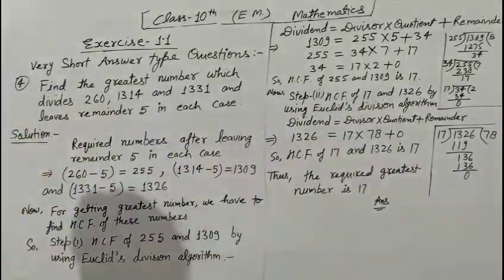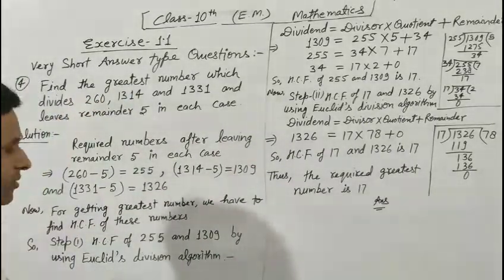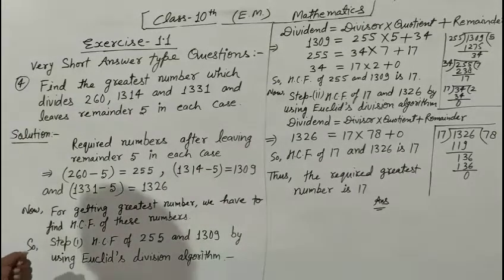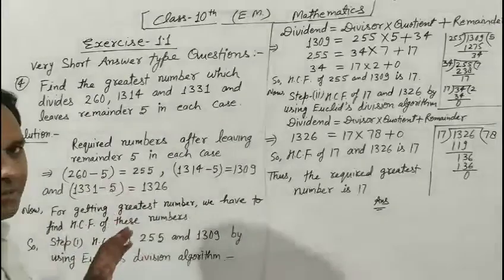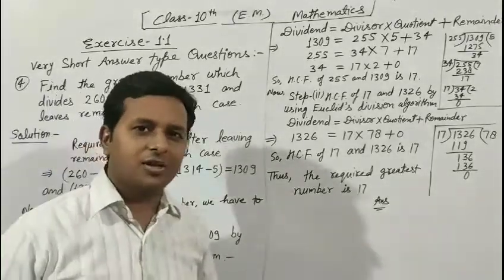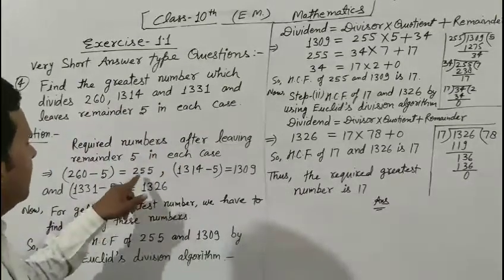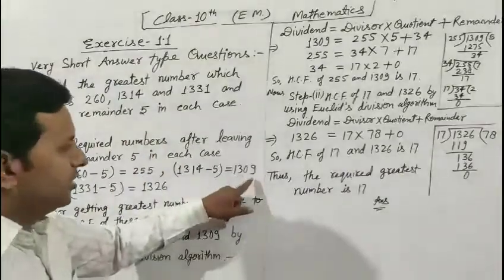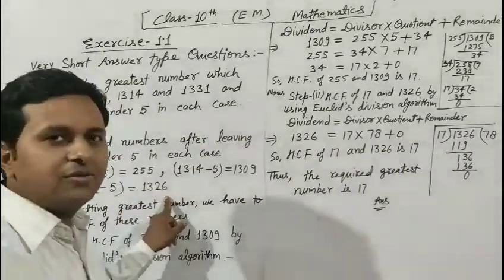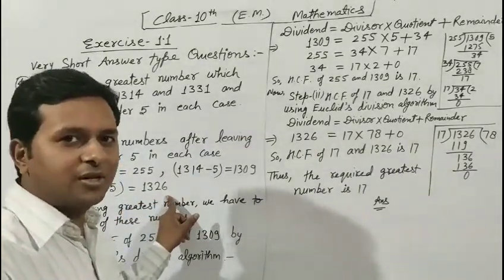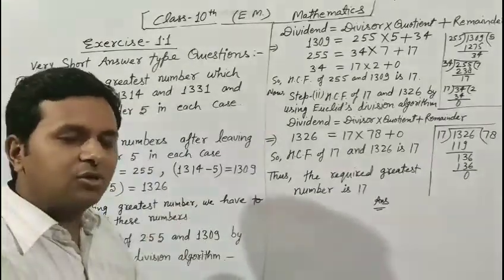Now we have to find the greatest number, that is, the HCF, as we discussed. As I discussed yesterday, when 3 numbers are given like 255, 1309, 1326, we select the first and second number first, so we solve it in 2 steps.